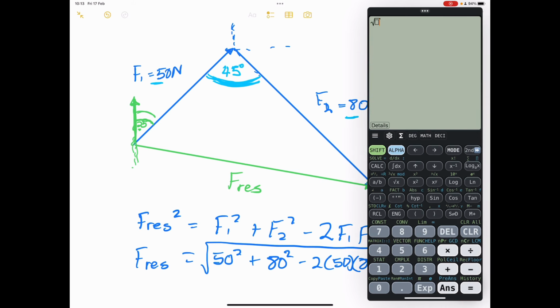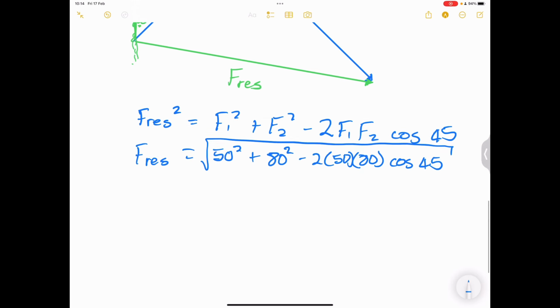So this is going to be the square root of, so that I don't confuse you, 50 squared plus 80 squared minus 2 times 50 times 80, the cos of, we said that's 45. Okay, so we get 56.95.